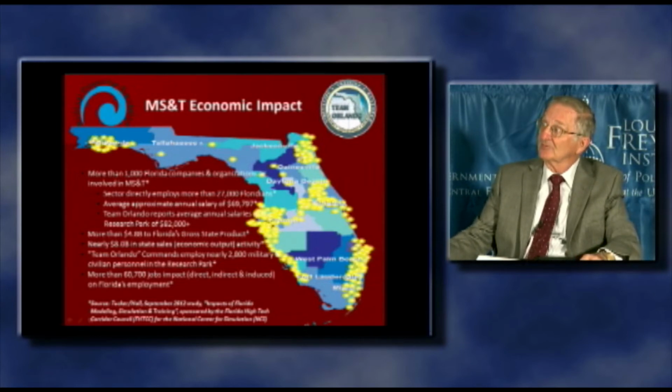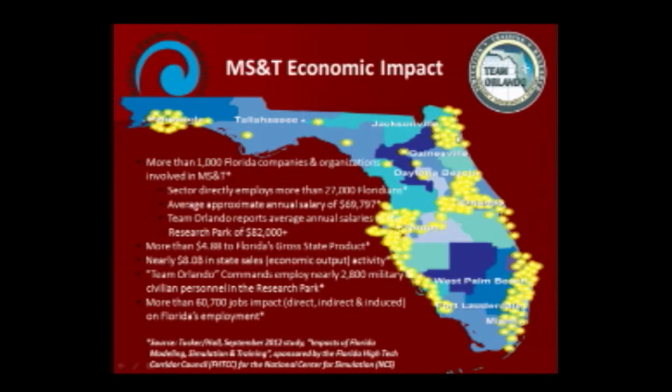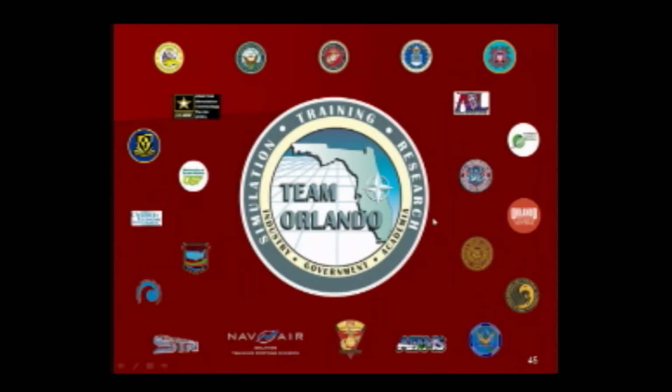And there are a number of companies up here in the Jacksonville area that deal in modeling and simulation. And you can see along the East Coast and all through the I-4 corridor, we have modeling and simulation enterprises. And they do a tremendous job, particularly with the military. And the military has what we call Team Orlando here in Central Florida.